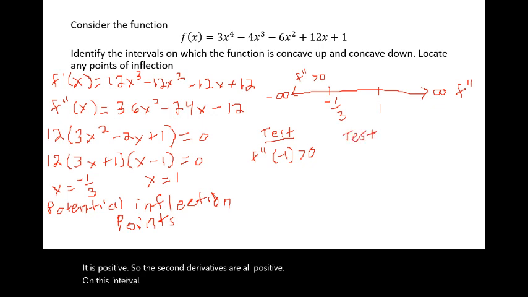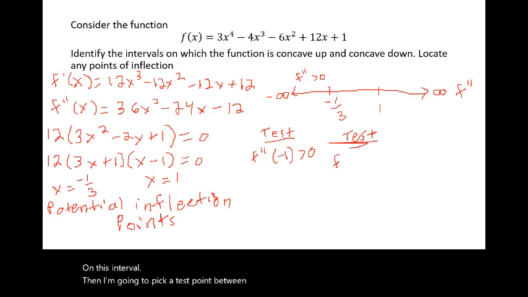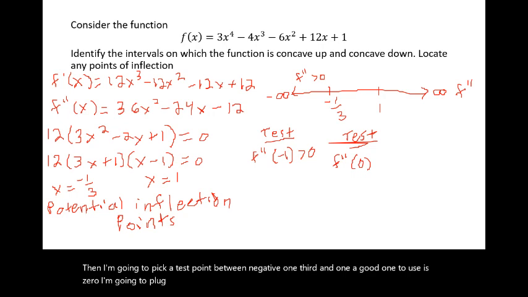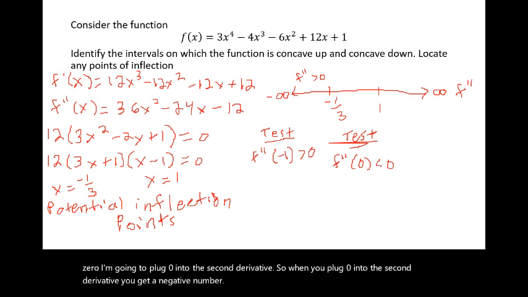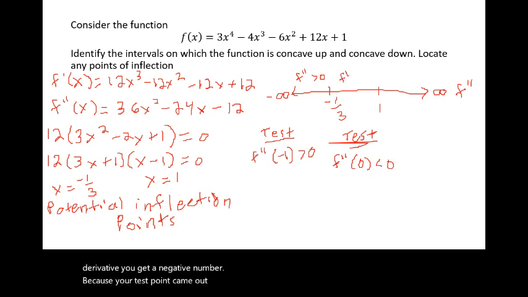Then I'm going to pick a test point between negative 1/3 and 1. A good one to use is 0. When you plug 0 into the second derivative, you get a negative number. Because your test point came out negative, all of the second derivatives are negative on this interval.